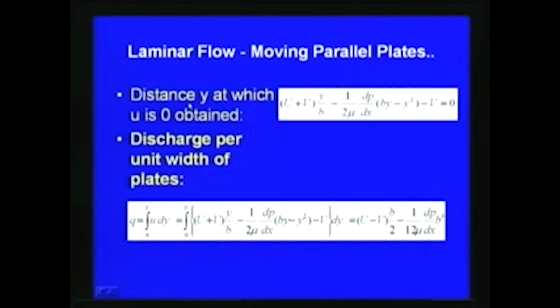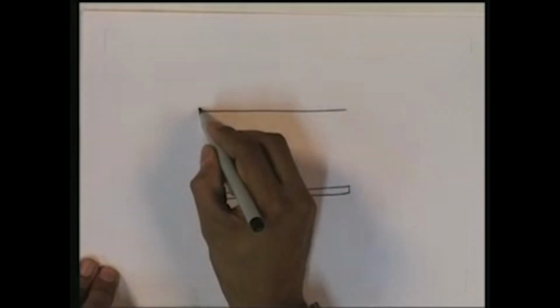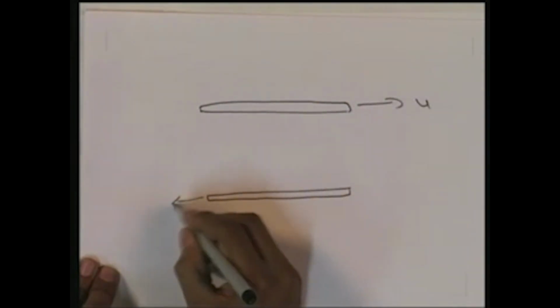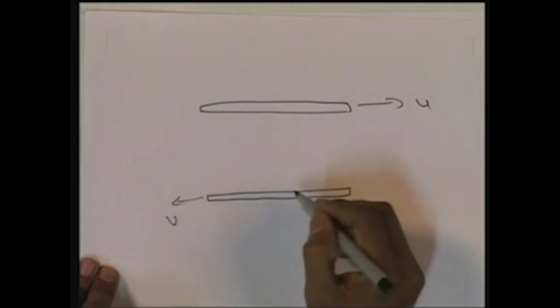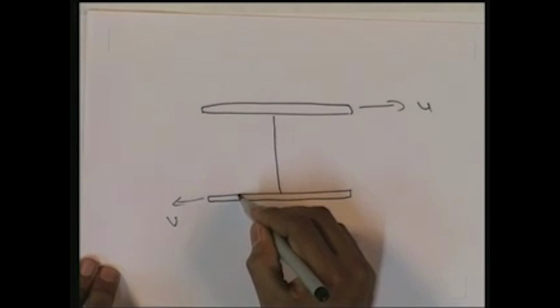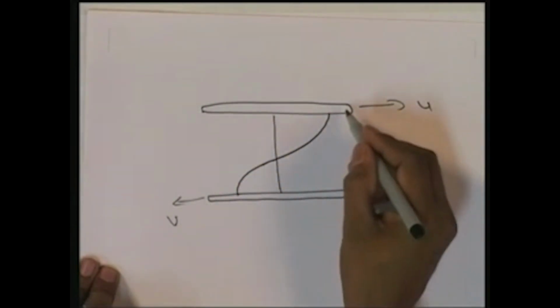So, the velocity is known, and then also you can see that here the distance y at which u is equal to 0 is obtained. So, here I will just draw the variation with respect to the velocity, since both plates are moving, here this is moving with the velocity U in this direction and here it is V. Then you can see that if we plot the velocity, the velocity variation will be something like this, since here it is positive.